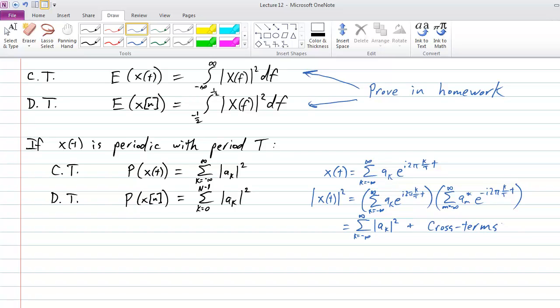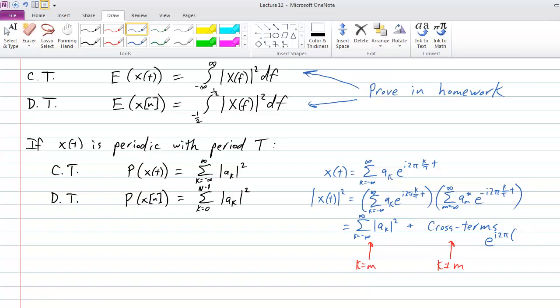By that I mean all the points in the sum where k does not equal m. Each of these cross terms is going to have an e to the i 2 pi something up here.